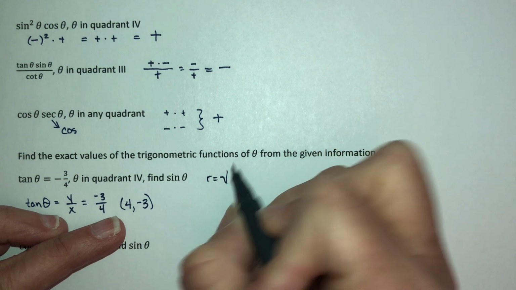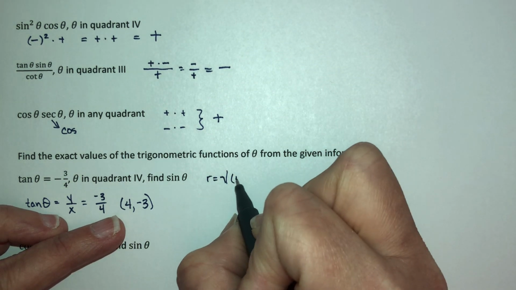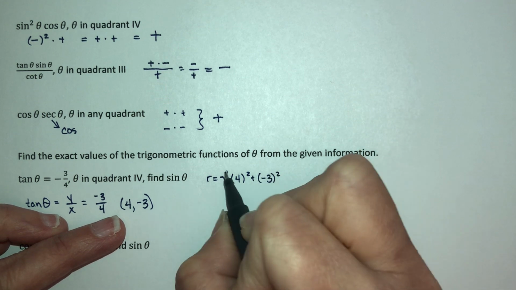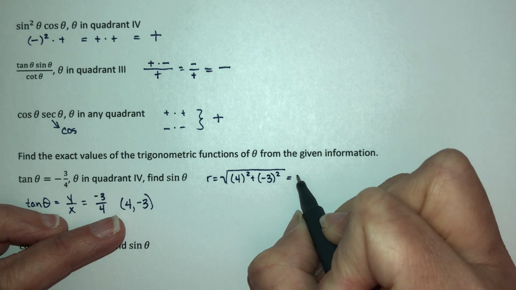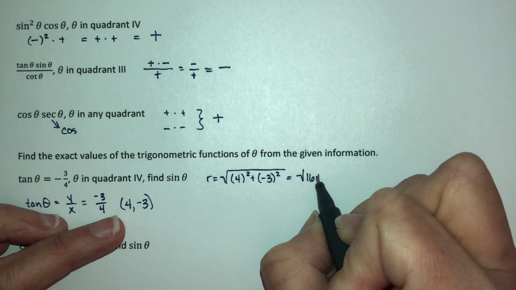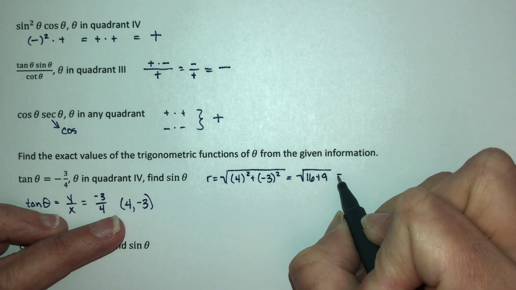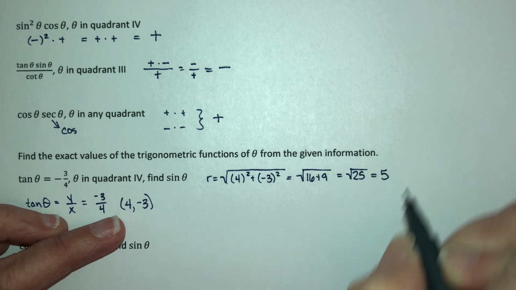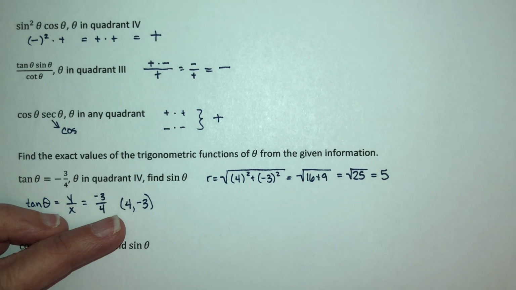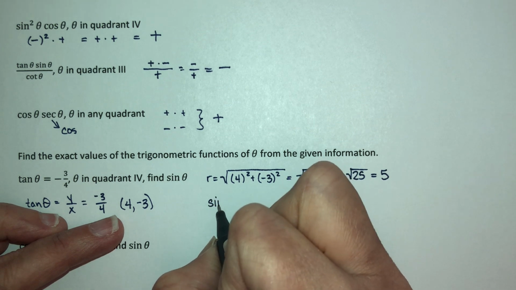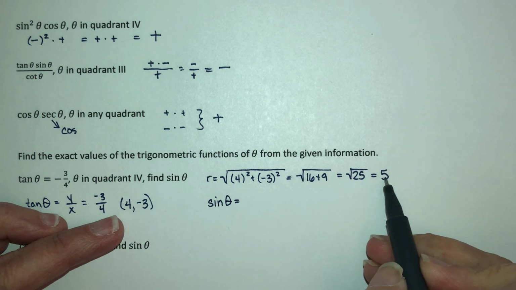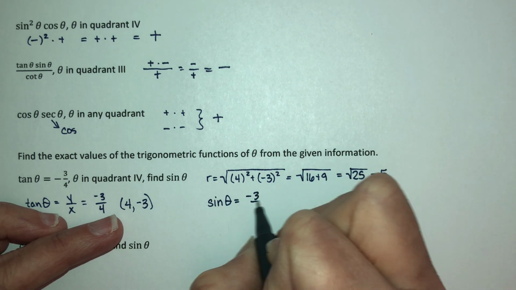R is the square root of x squared plus y squared. So this is the square root of 16 plus 9, which is the square root of 25, which is just 5. Now we have enough information to find our sine value. Sine of theta is y over r, so negative 3/5.